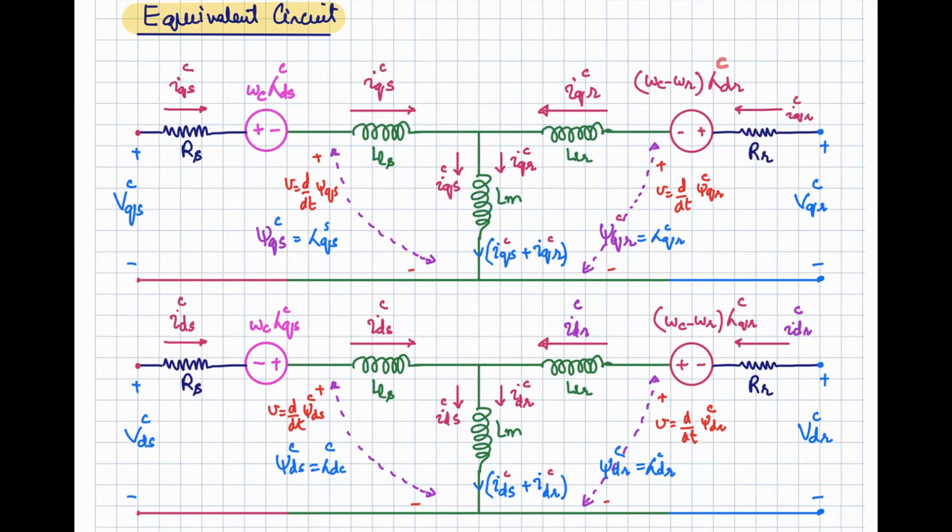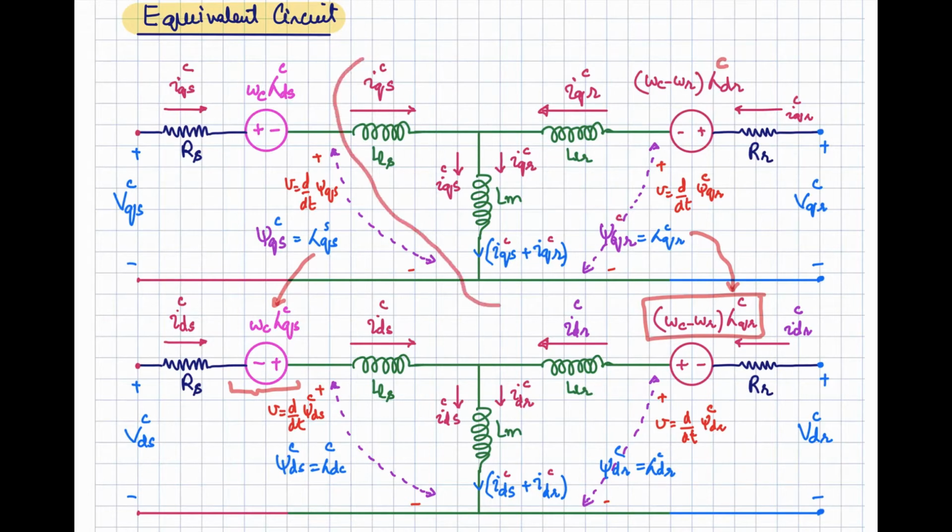Similarly, you have the induced EMF in the d-axis because of the flux linkages of the q-axis, and that depends upon the speed of the frame of reference. And on the rotor side you have the induced EMF according to the slip speed because of the flux linkages of the q-axis.